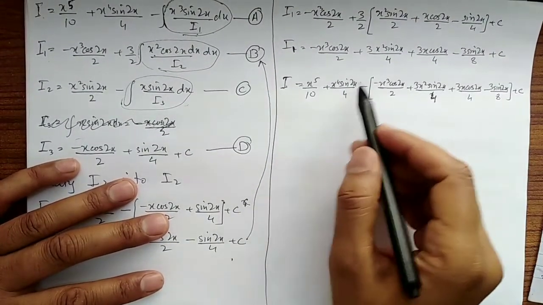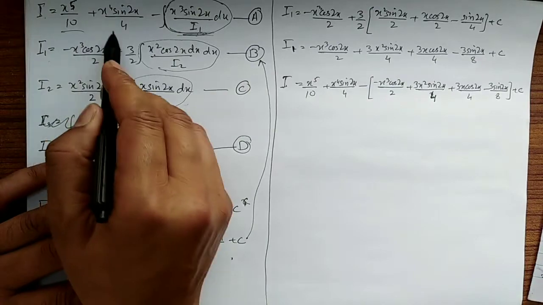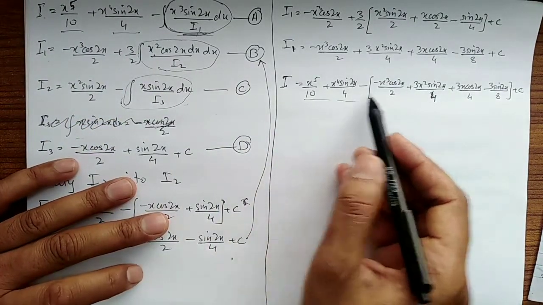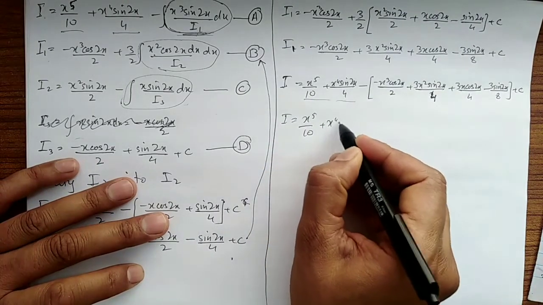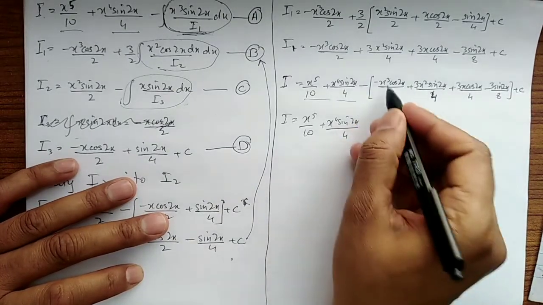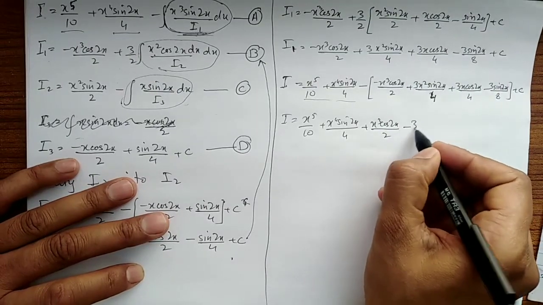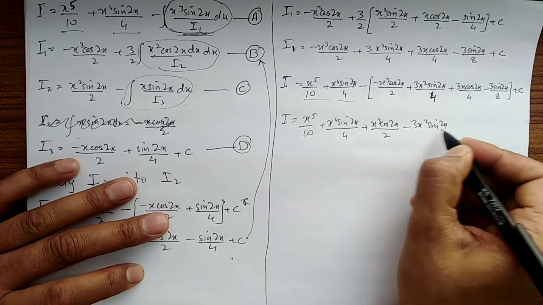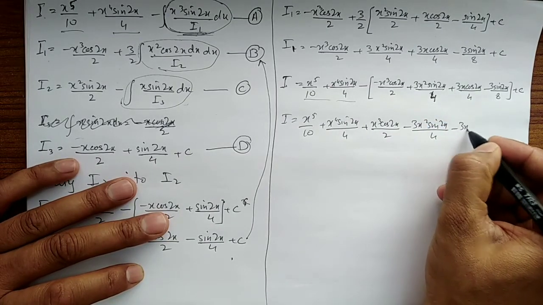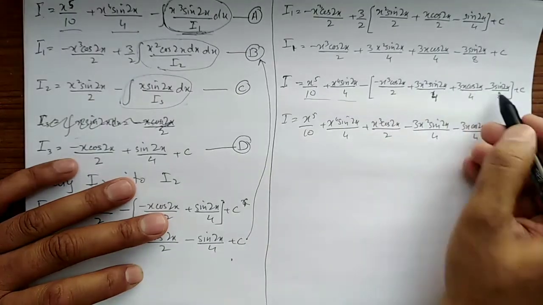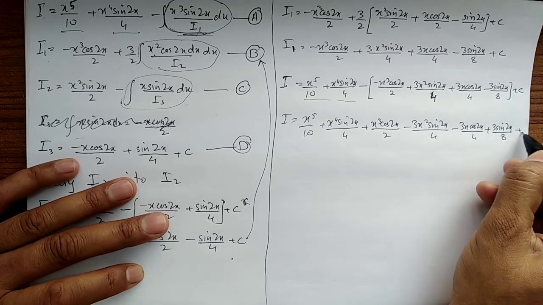You can see I have substituted the value of I1 in place of this part, which I have already named as I1, and the first 2 parts are written here, and now I'm going to remove this bracket, which will give me the final answer, x power 5 upon 10 plus x power 4 sine 2x upon 4 plus x power 3 cos of 2x upon 2 minus 3x square sine of 2x upon 4 minus 3x cos of 2x upon 4 plus 3 sine of 2x upon 8 plus c.